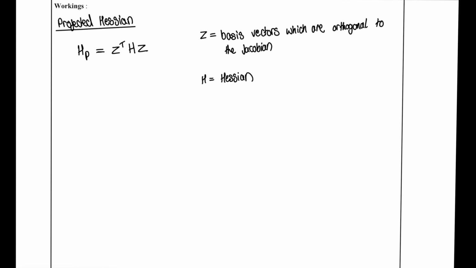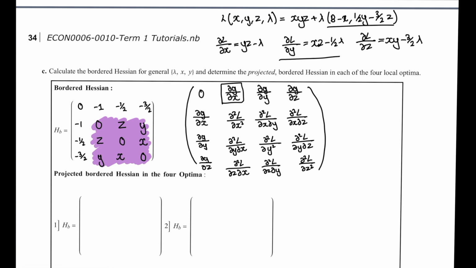Okay, if we first work out the Jacobian, it is just the first order derivatives of the constraint for our case. So we've only got one constraint, so all we're basically doing is just working out the gradient of our constraint over here.